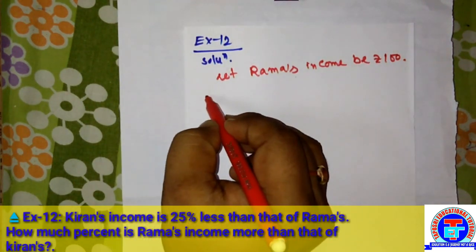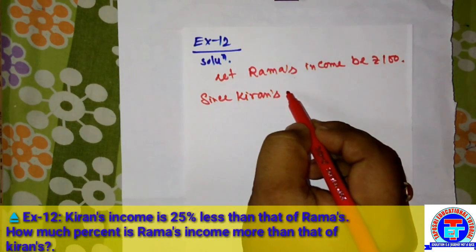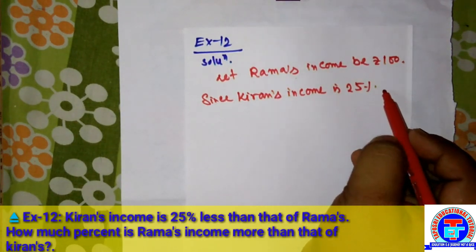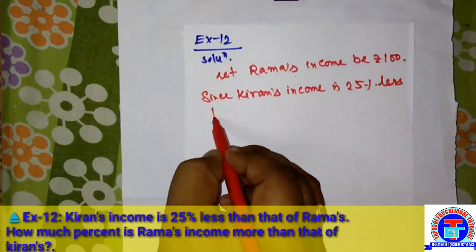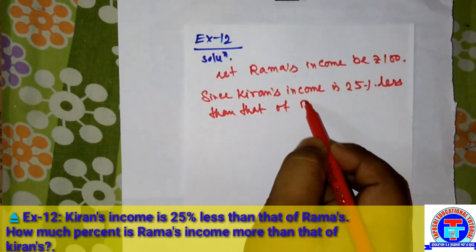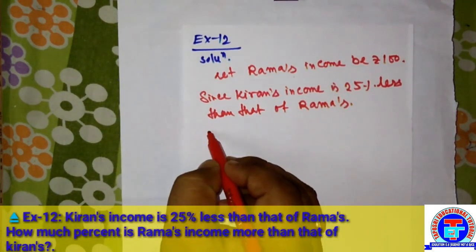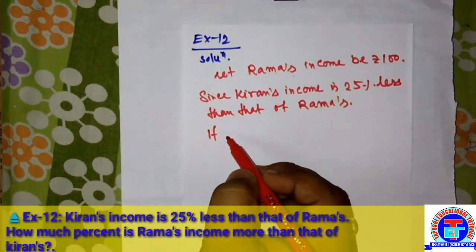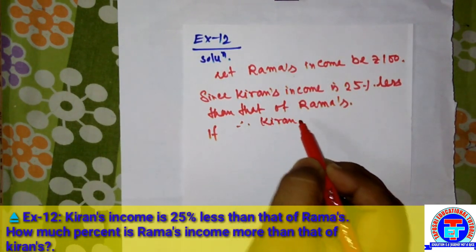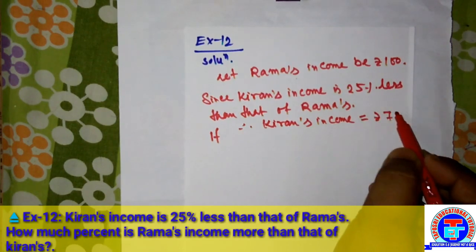Therefore, since Kiran's income is 25% less than that of Rama's income, Kiran's income became rupees 75.